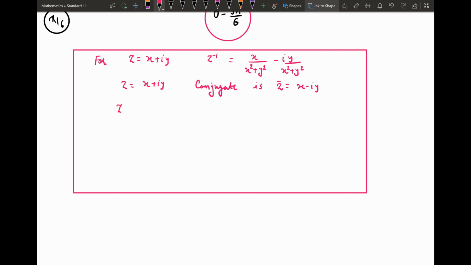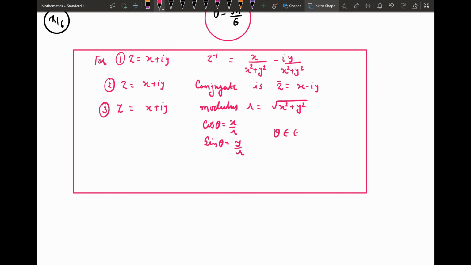Now for z equal to x plus iy, modulus r equal to under root x square plus y square, and cos theta is x by r, sin theta is y by r. Theta belongs to the interval open closed minus pi to pi.